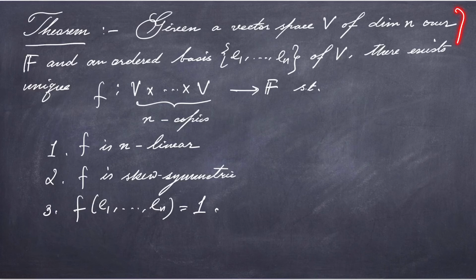This theorem assures the existence and uniqueness of such a function. It says that once we have fixed an ordered basis of a vector space of dimension n, we do have a function which is n-linear skew-symmetric and having the value 1 on e1, e2, ..., en.